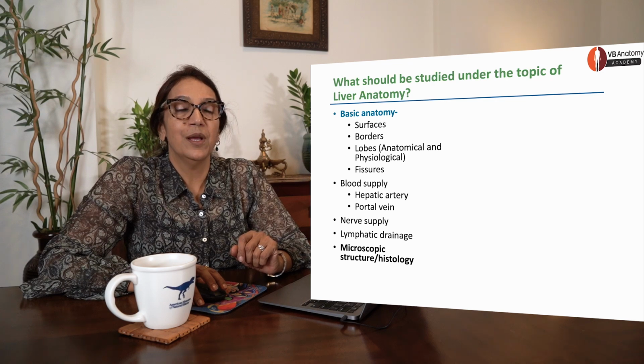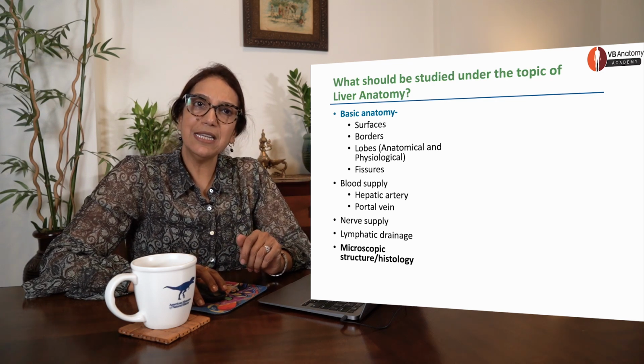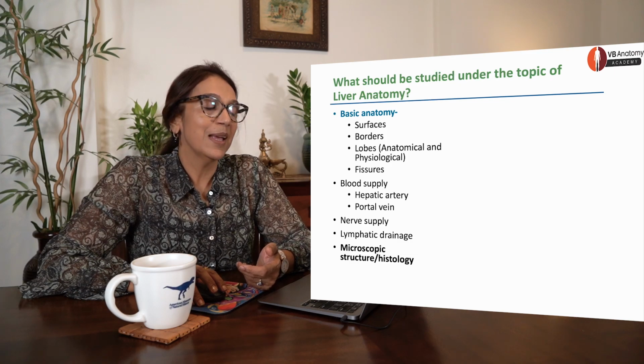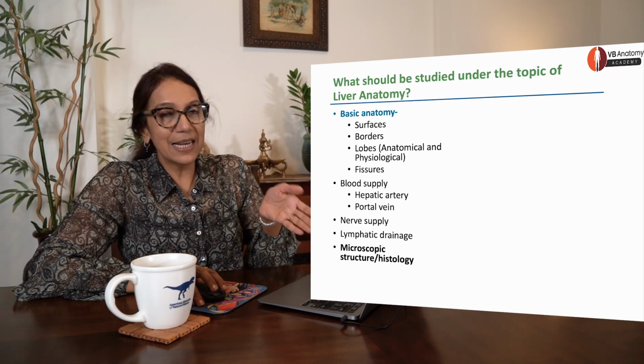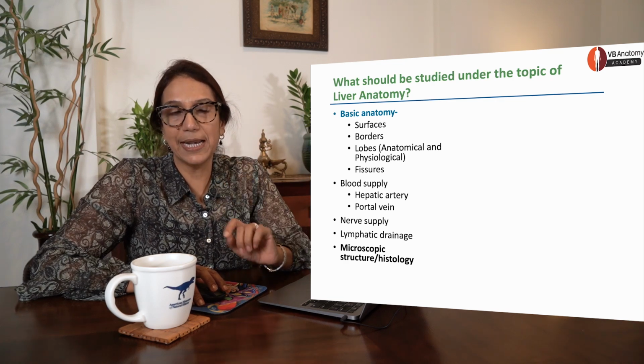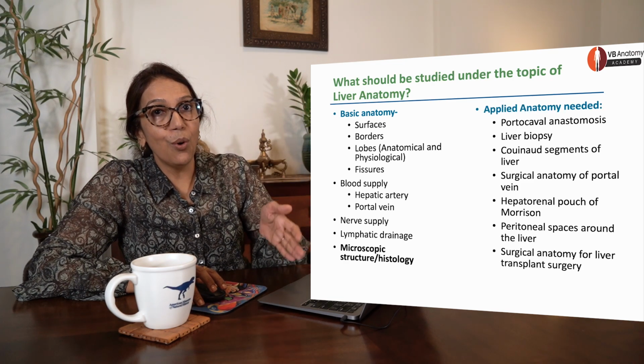Let's begin. So first question is, if I say it's such a relevant organ, what exactly should you know about it? So yes, you should know the basic anatomy of it. You should know the microscopic structure about which there is a separate lecture. And you should know all this.